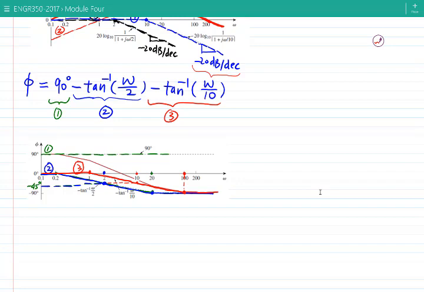And then we sum up the phase angles of 1, 2, and 3. We start from 90 degrees, because in the beginning terms 2 and 3 have 0 angle, until we come to 0.2, when omega is 0.2, and we bend here, until we reach the second frequency, when omega is equal to 1, and we need to bend again.